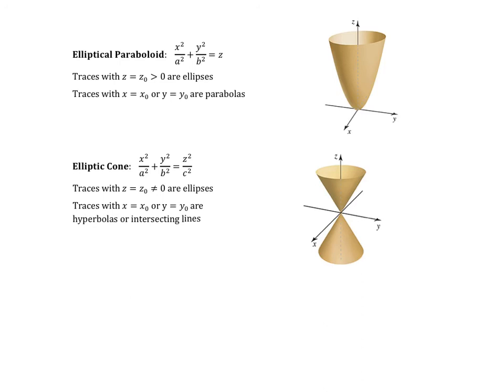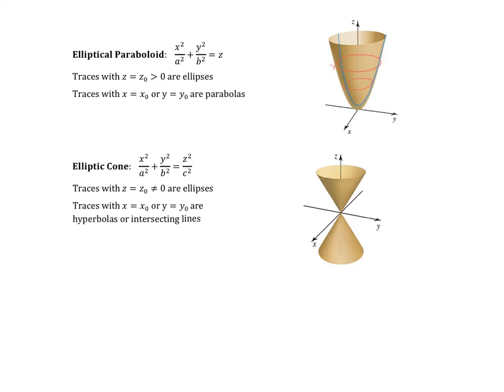Notice that if I were to cut through this with any plane parallel to the xy, I would end up with traces that are ellipses. However, if I were to intersect this surface with a vertical plane, I would end up with traces that are parabolas.